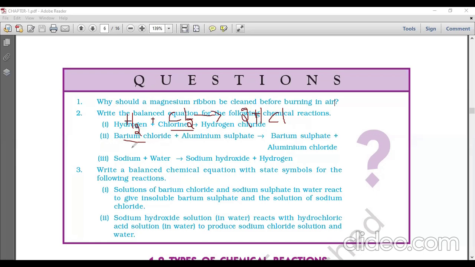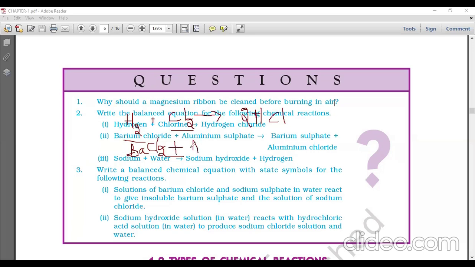The second one asks us to write the balanced equation. The formula for barium chloride is BaCl2, with capital B, small a, capital C, small l, and 2. Barium chloride plus aluminum sulfate.